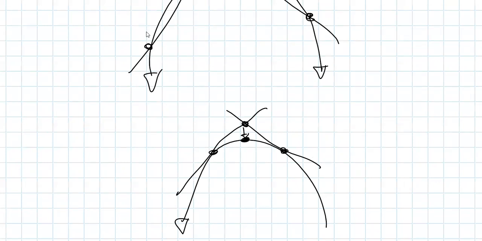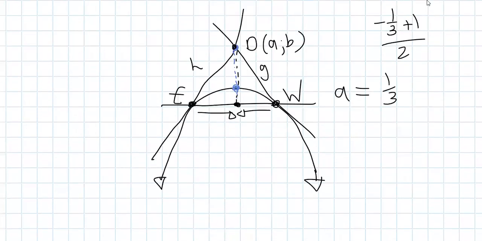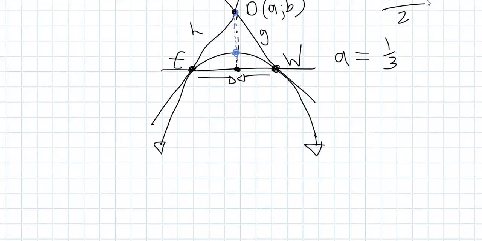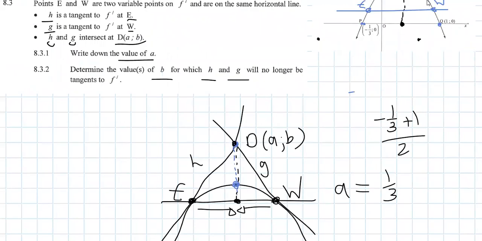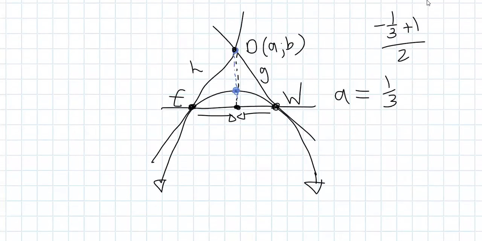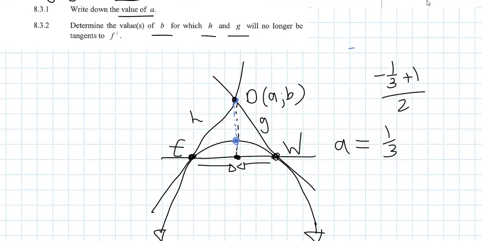Let's see if there's another way of explaining this. So let's take a look at what our B is right now. We can do that by subbing in the A value, our A value of 1/3.